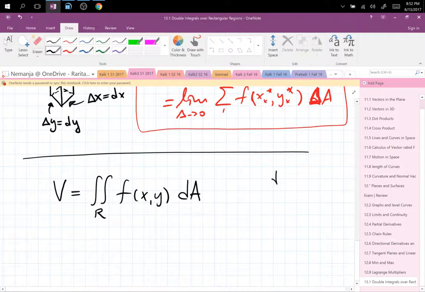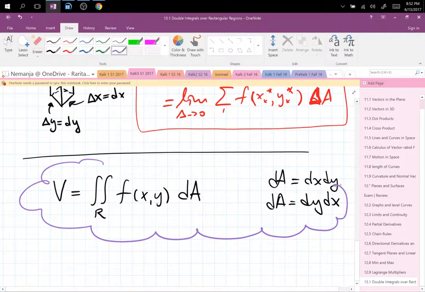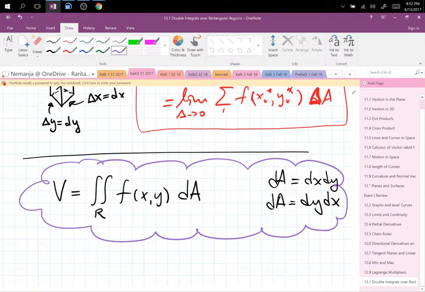Now, this dA is either dx dy or dy dx. How important is the R? Well, R is just denoting that we have a rectangular region, and you will know after the exam, when we do 13.2, which is general regions, and we'll see how they're different.